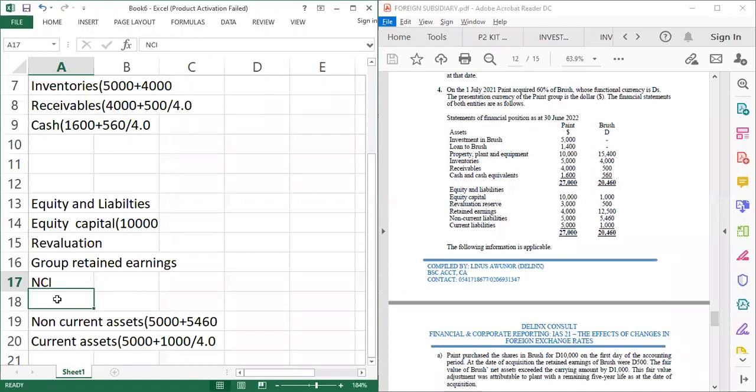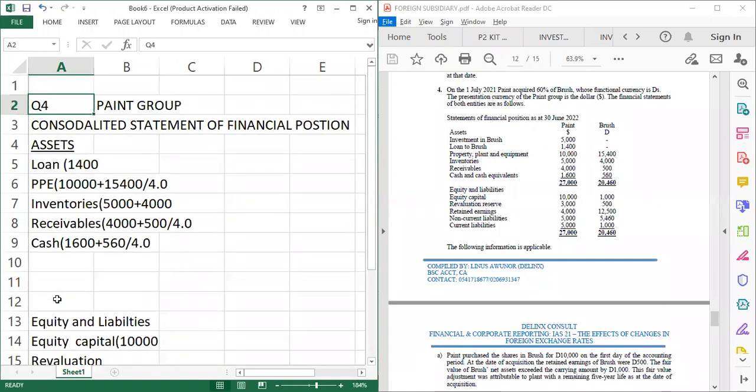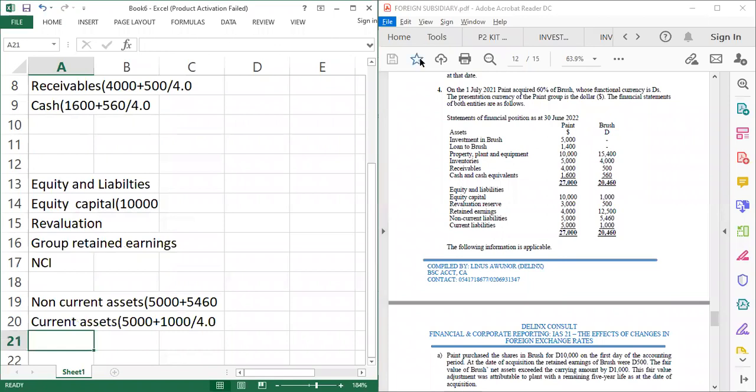The effects of changes in foreign exchange? Is that how the notes is titled? IAS 21. No, the note is foreign subsidiary. That is the title of the notes. Okay, so under the foreign subsidiary, you have to understand IAS 21. All right. Are you okay now?